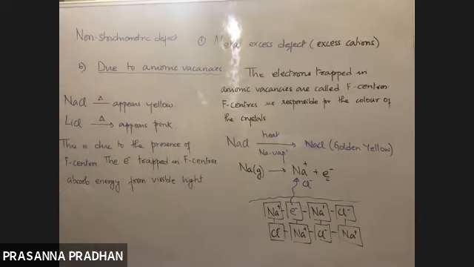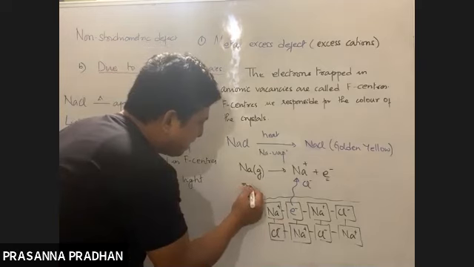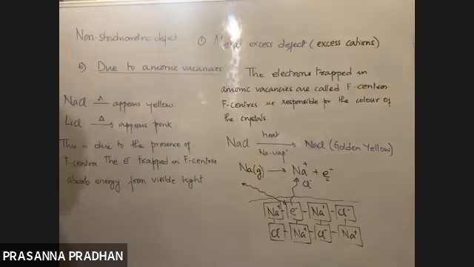Okay, so the electrons trapped in F centers, these electrons which are trapped, they will absorb energy from the visible light. Okay.